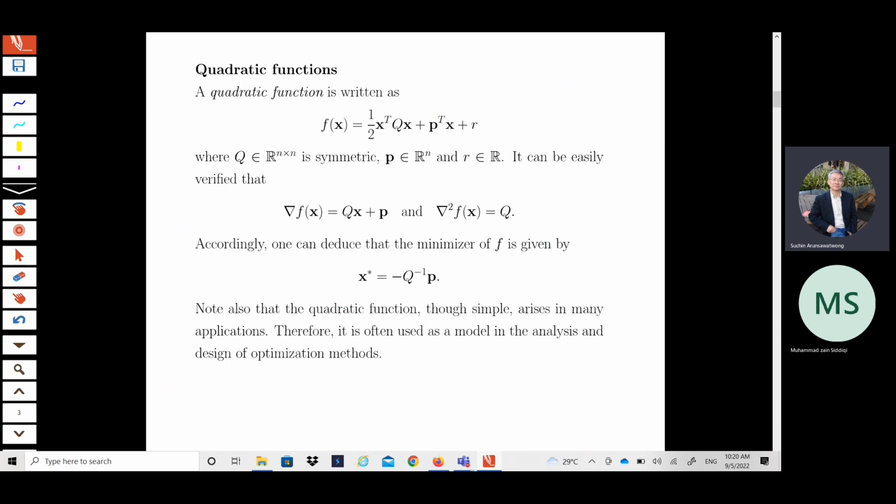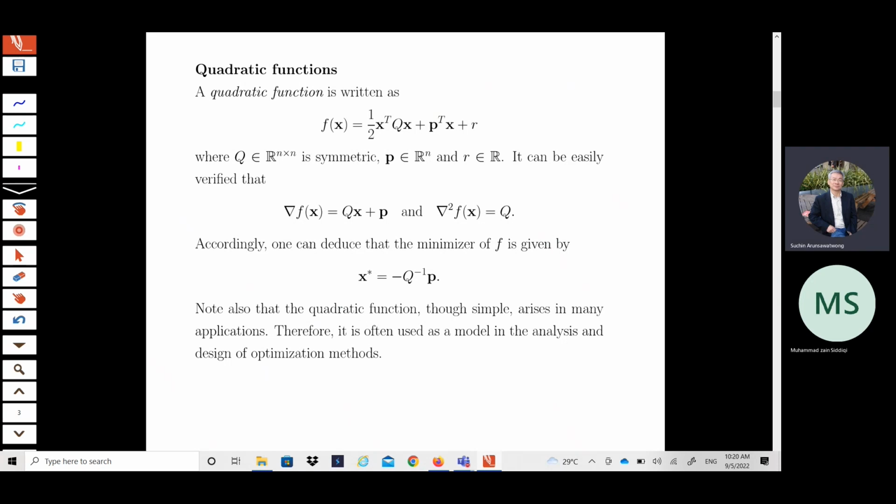You will find later that if your method can minimize the quadratic function, it doesn't mean that the method is good enough. But at least the method has to be able to minimize this before doing other jobs.